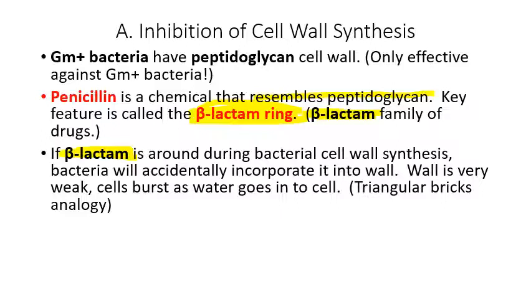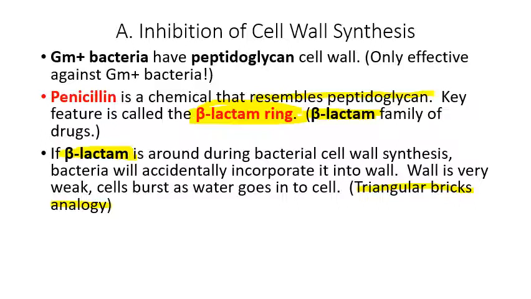Okay, so you see down here I've written triangular brick analogy. Just let me give you this analogy. Suppose you have a bricklayer who's putting together a brick wall, and all of the bricks that he's putting into the brick wall are square. Suppose he was a blind bricklayer and he couldn't see the shape of the bricks.